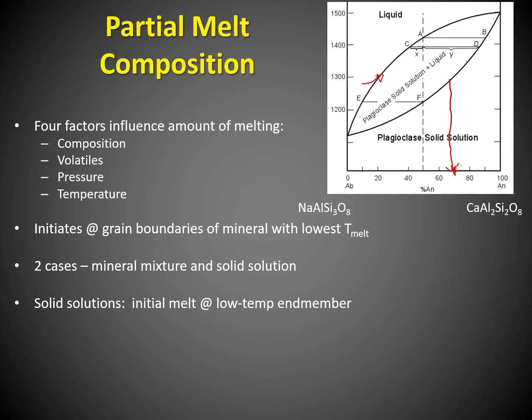So the whole point of this is to show you that, yeah, you can take a mineral, and if you only partially melt it, you get something different than what you started. In order to get the same thing that you started, you have to melt all of it. Okay? So that was my reason for showing you this. So solid solution, your initial melt, low temperature end members come out first.